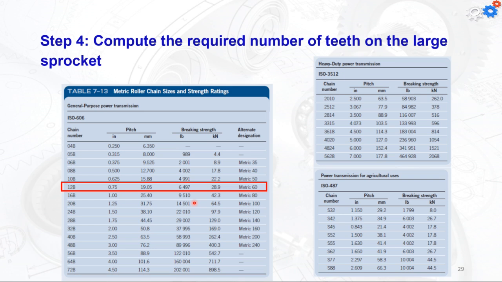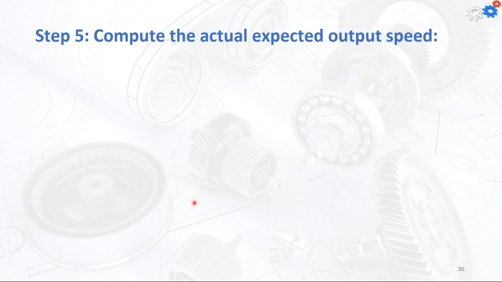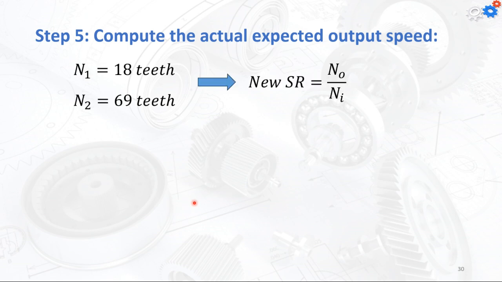We did some approximation. So we need to check what will be the new velocity ratio depending on the teeth numbers that we had. So now we had the input teeth is 18, the output teeth is 69. So I can compute the actual speed ratio. And this will give me 3.83. So it's the same.